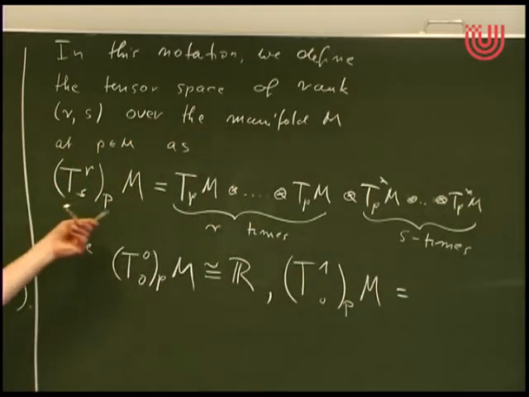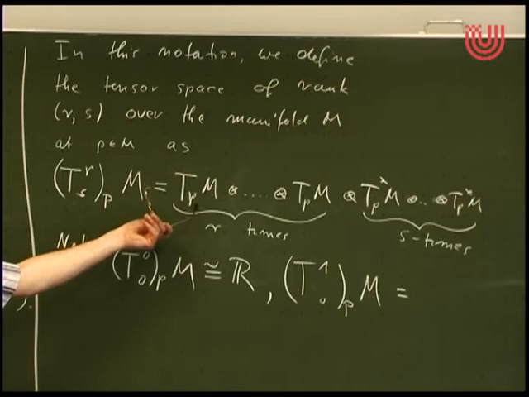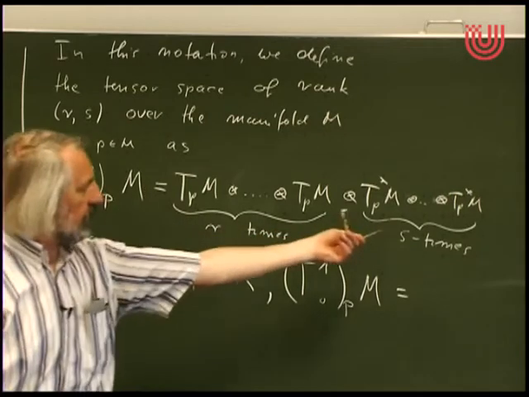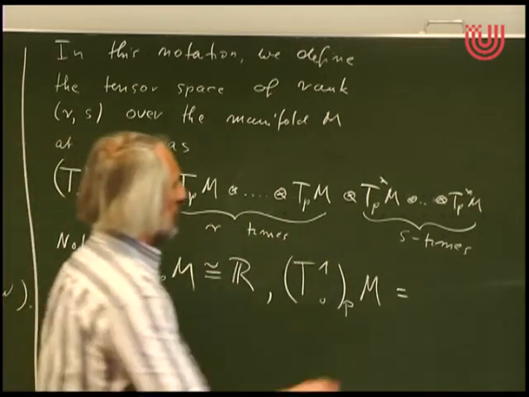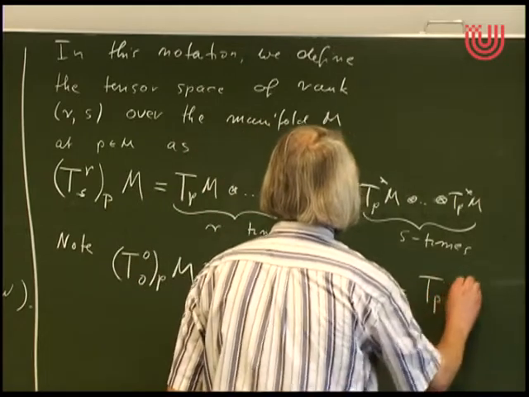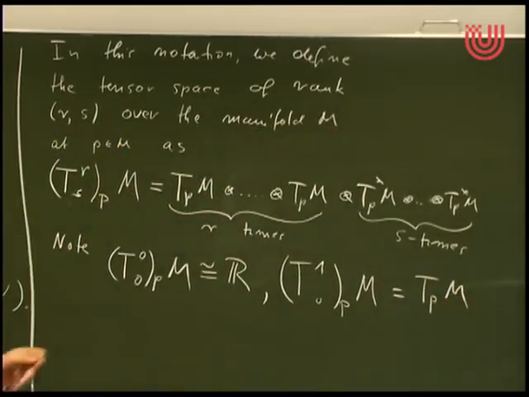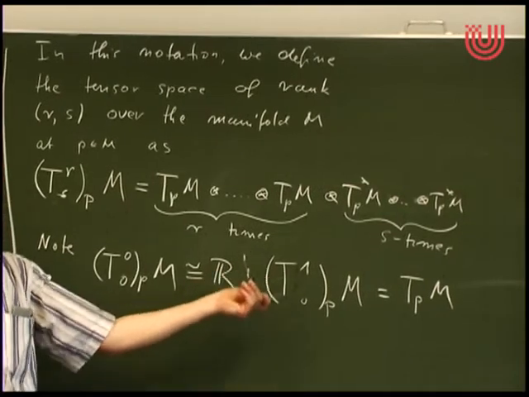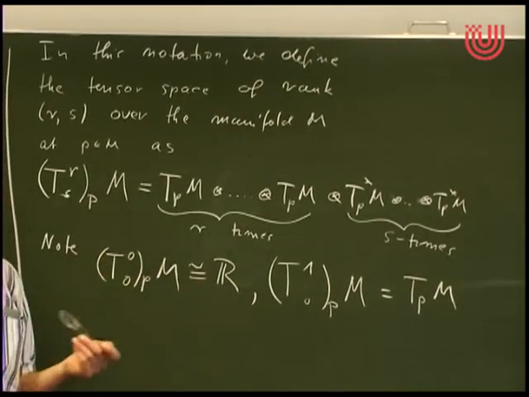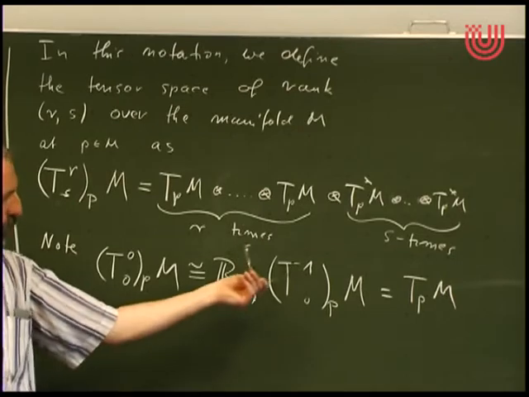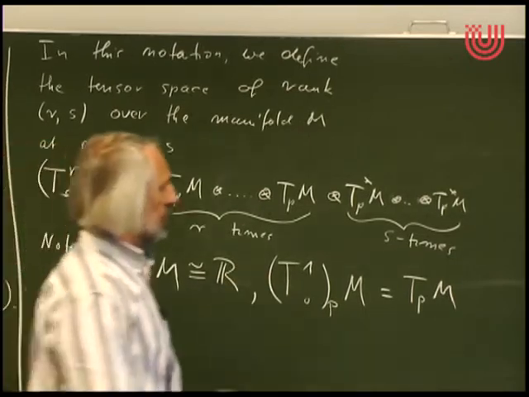Here I have one factor T_pM and no other factors. So I have just T_pM. So this is the same as T_pM. So vectors are tensors of rank (1, 0). A vector is just a different word for a tensor of rank (1, 0).